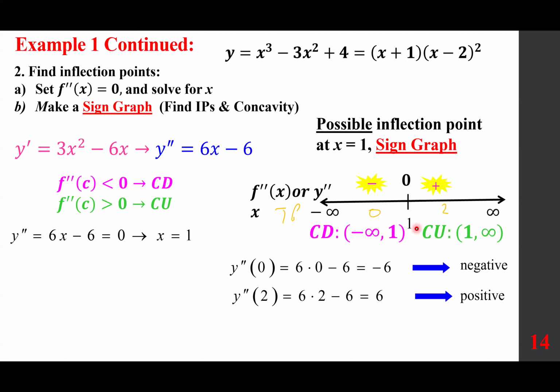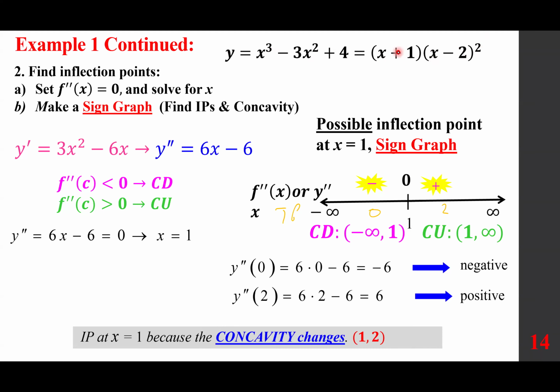Plug it into the original function. This one or this one makes no difference. If you put 1 here, you get 2. If you put 1 here, 1 minus 2 is negative 1 squared, you get 1. The product is 2. So (1, 2) is the IP, the inflection point, everybody.